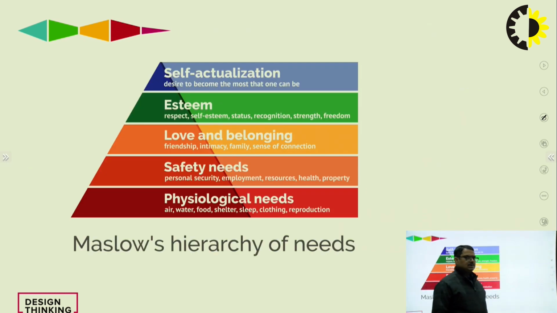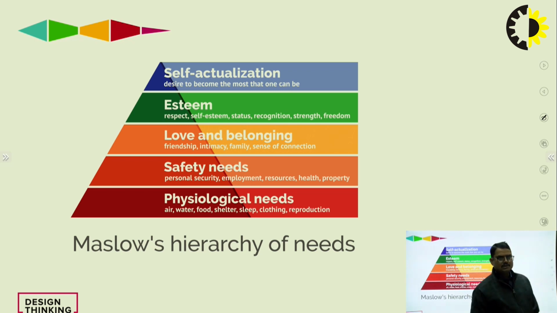This pyramid or diagram is also known as Maslow's hierarchy of needs or Maslow's needs pyramid. Here in this diagram, you can see that according to Maslow's theory, the needs are divided into 5 different levels.